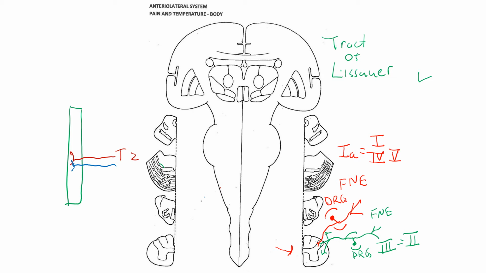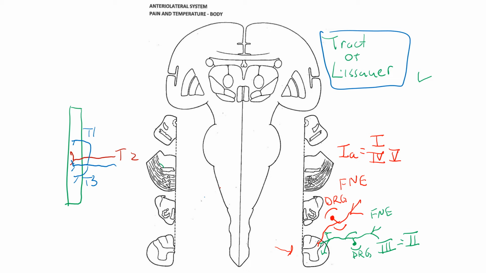But neurons are going to ascend to T1 and descend to T3. One of the things that we said about slow pain was that this pain is diffuse. It's not well localized. And the reason for that is the tract of Lissauer. Okay, so that's the first order neuron.